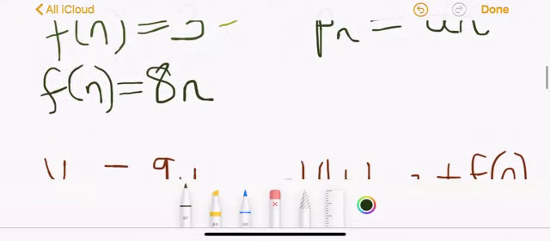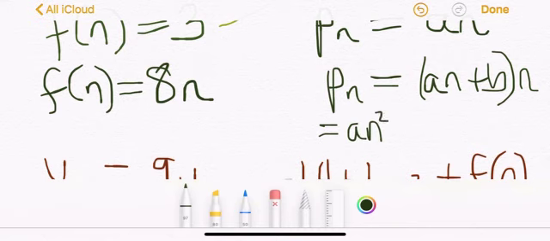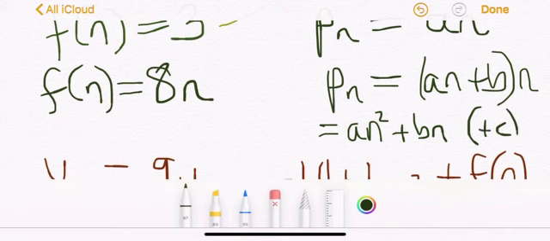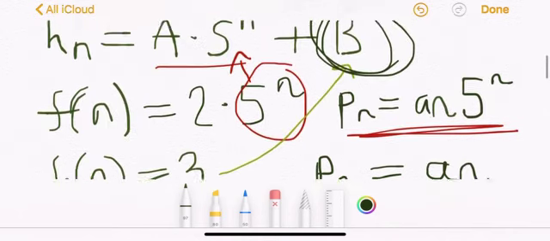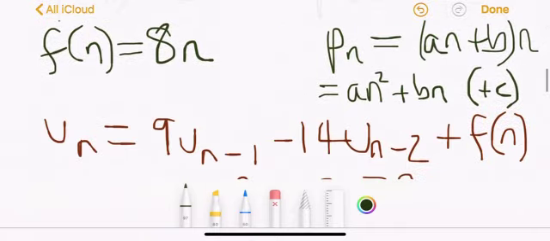So again, your normal p of n would be an plus b, but we need to multiply this through by n, and we will get an squared plus bn here. You could have a plus c, but you don't need it because that plus c will be absorbed into the value of b in h of n.